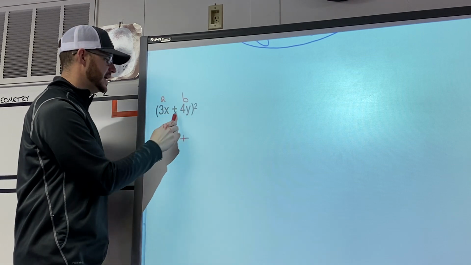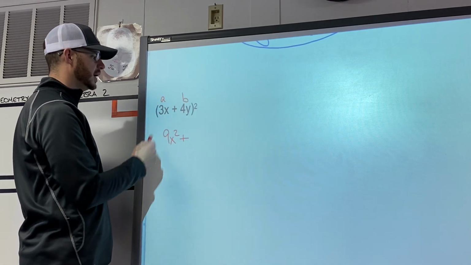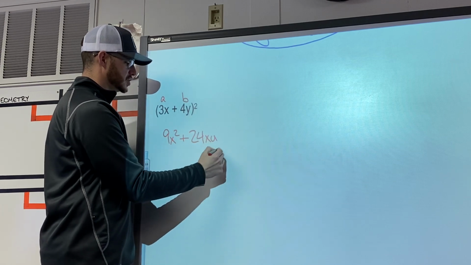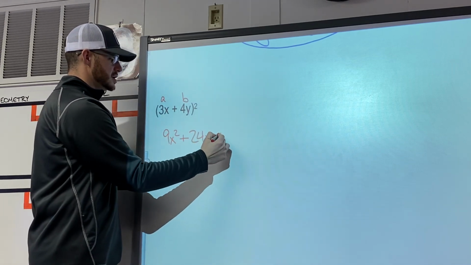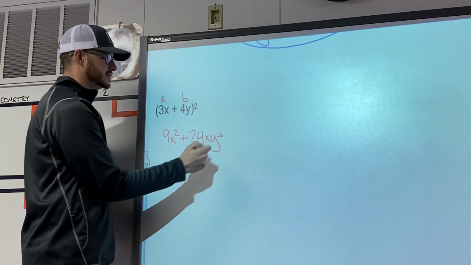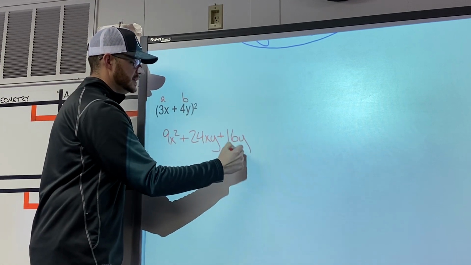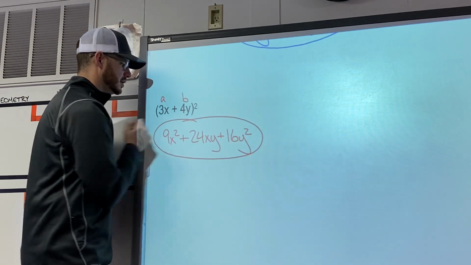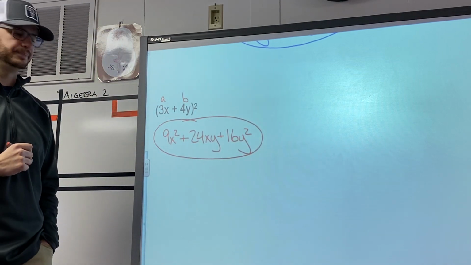So if we multiply a times b, it would give us 12xy, times 2 would give us 24xy, plus b squared. b is 4y, so b squared would be 16y squared. And that would be our polynomial.